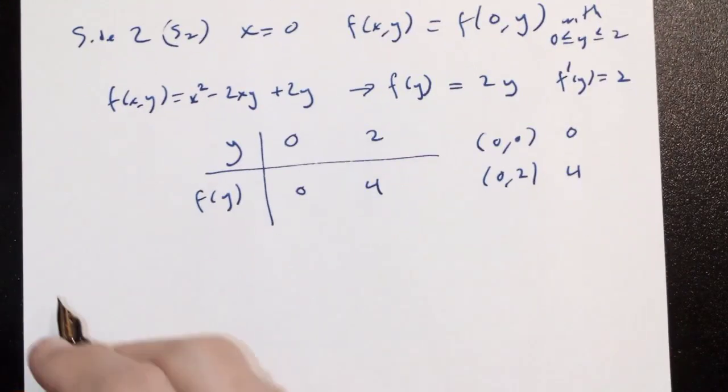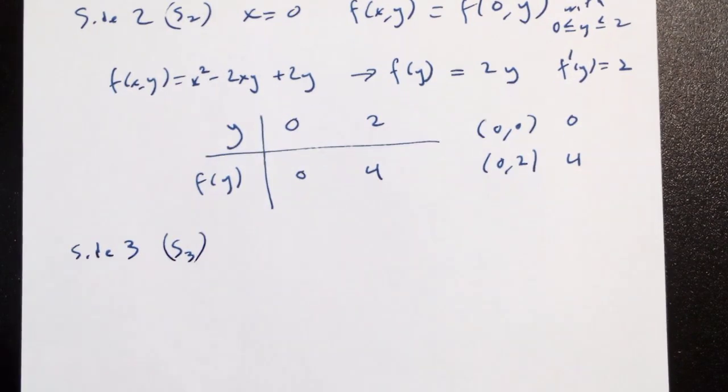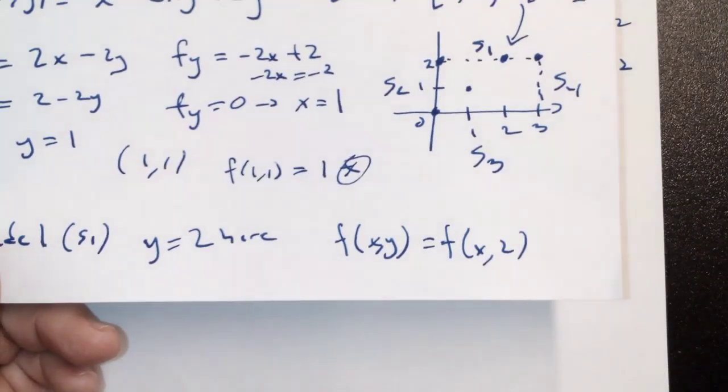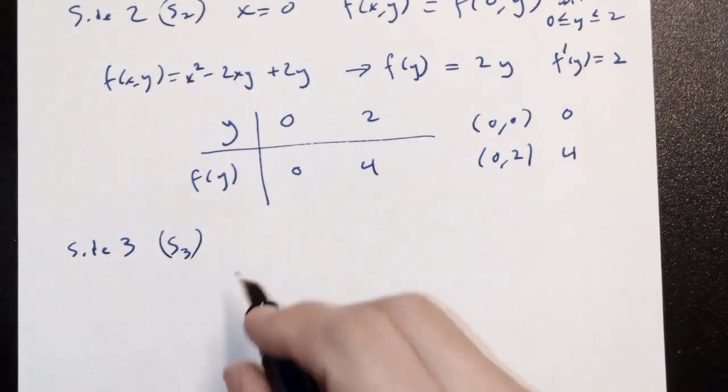Time for side 3. I have to go back to the other picture. What do I know about side 3? Y is 0.